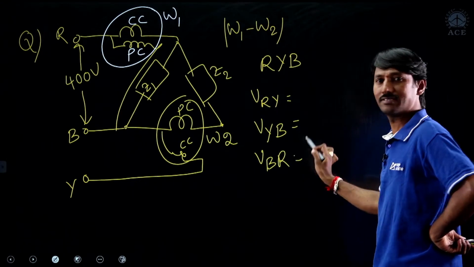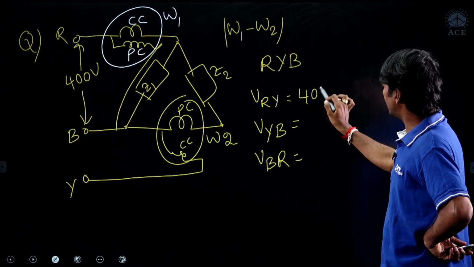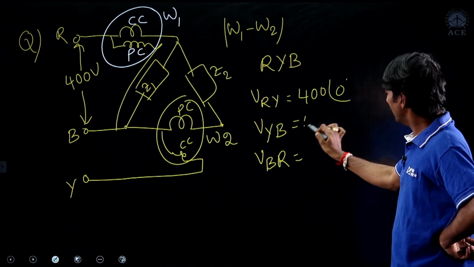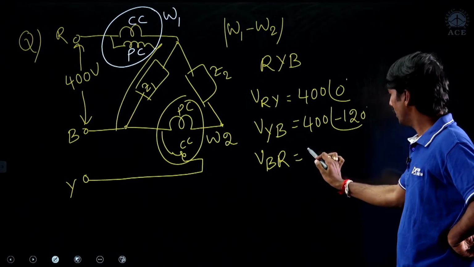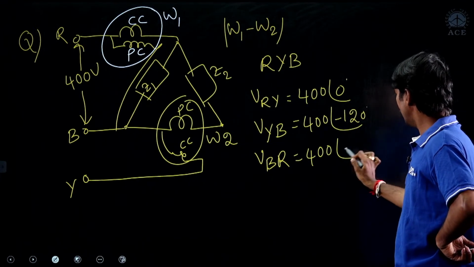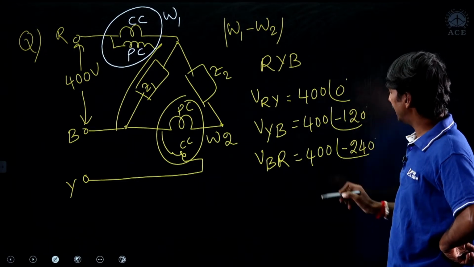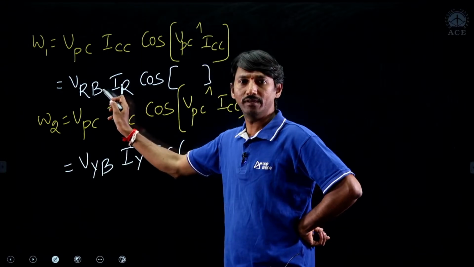VRY is 400 at an angle 0, because it is the reference. Here also 400 at an angle minus 120, and 400 at an angle minus 240. Based on this data, we need to get VRB.